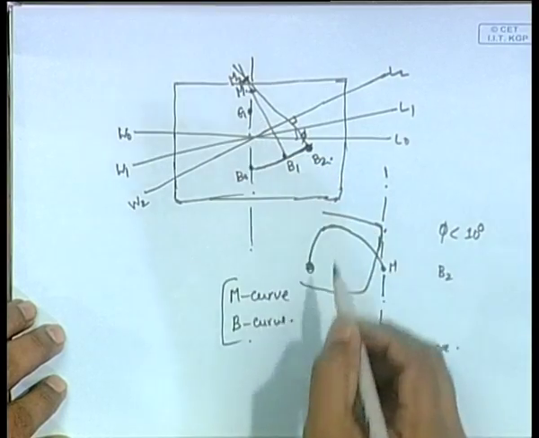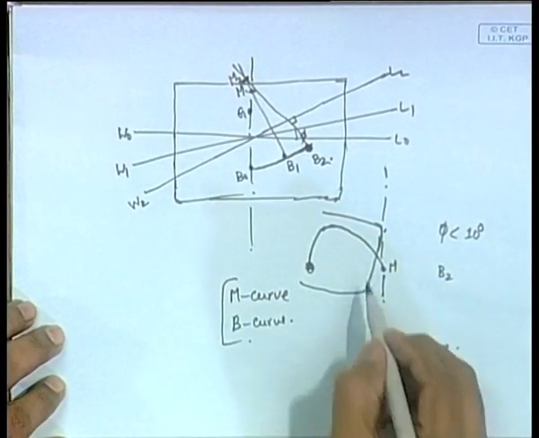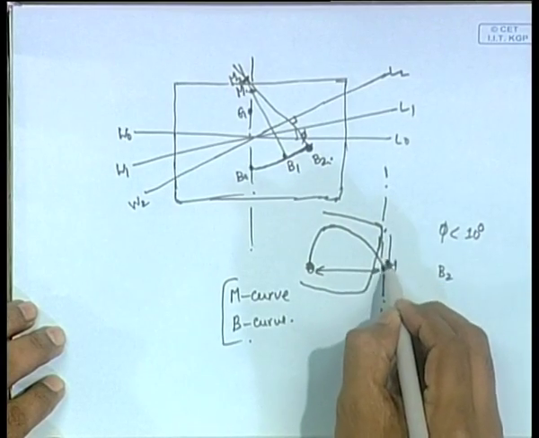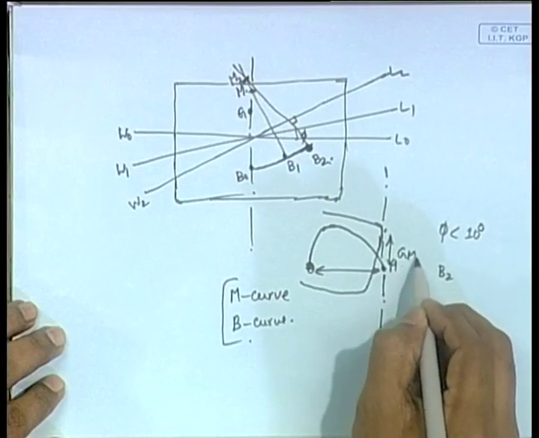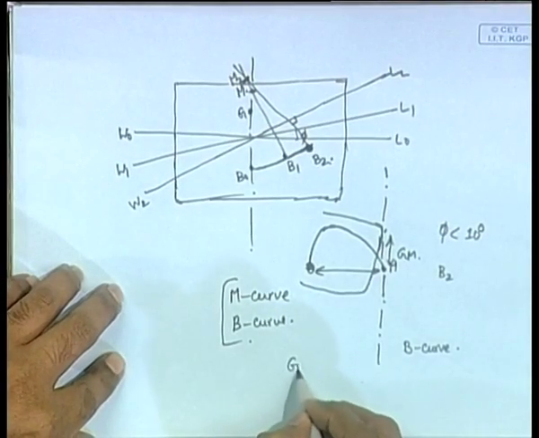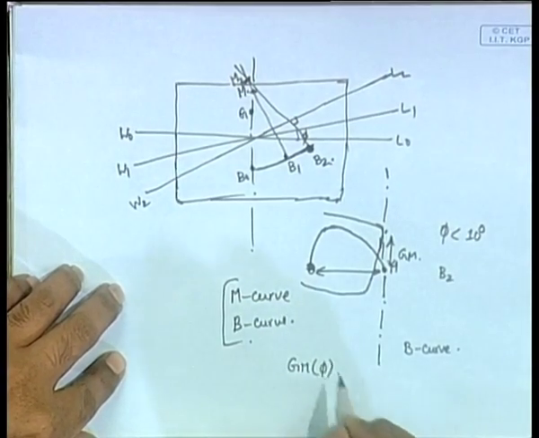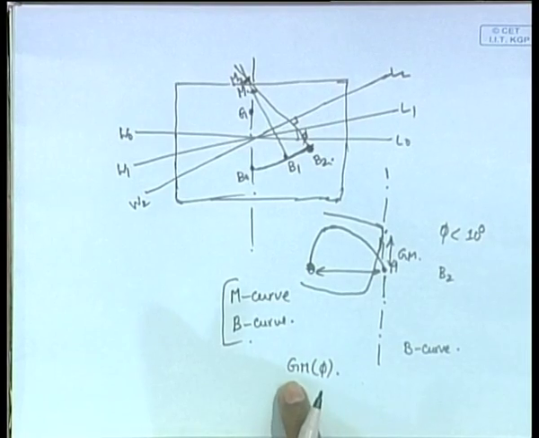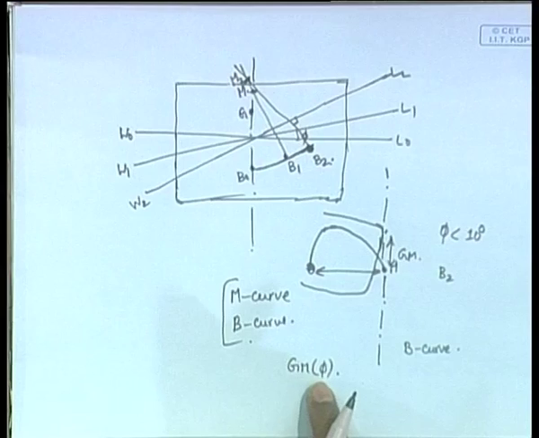For the M curve, you probably will not be able to get an expression for the horizontal distance, but you will always be able to get GM, a value of GM as a function of phi. You will have to keep doing this. In fact, this might be the best way to get your GZ curve. You are asking how the GZ curve goes up and comes down? The best way is to plot GM as a function of phi.